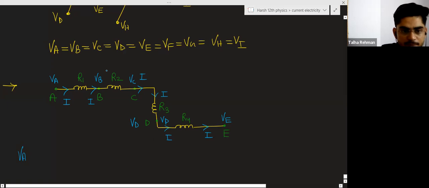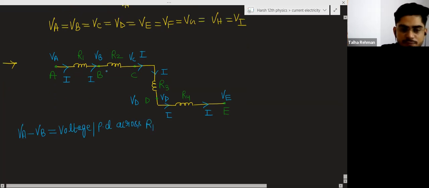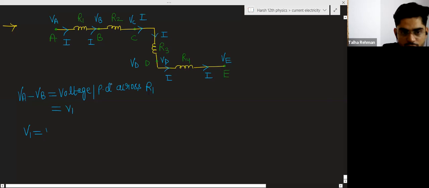So VA minus VB is equal to the potential difference or voltage across R1, and I am representing it with V1. So V1 is equal to VA minus VB.